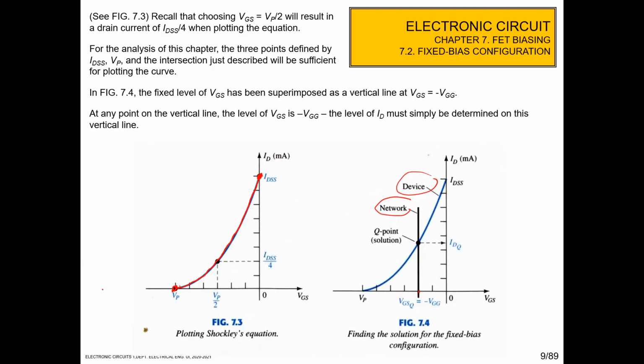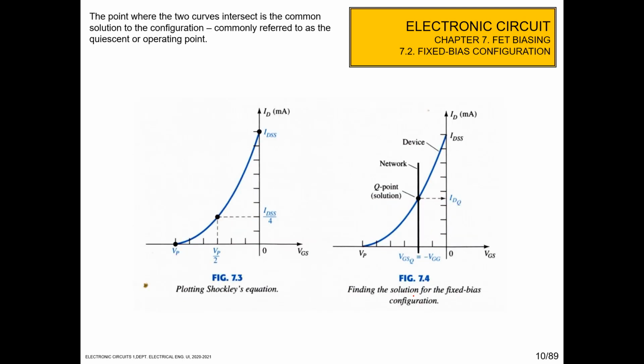The intersection between the device and network characteristic is the key point. We plot here the ID key and the VGS key.